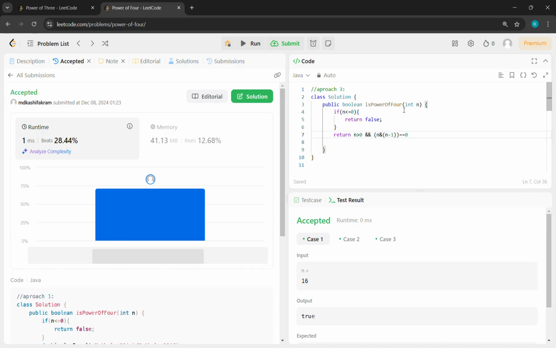And n minus 1, let's put it within brackets, modulo 3 is equals to 0. अगर ऐसा है then the number can be considered as a power of 4.